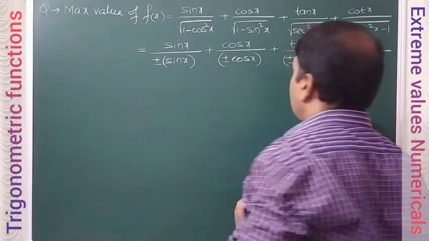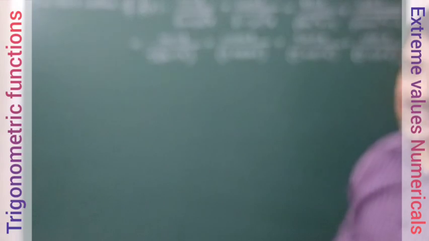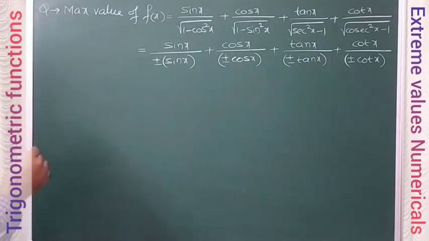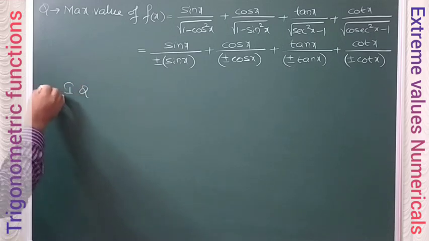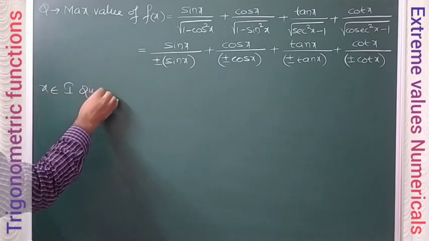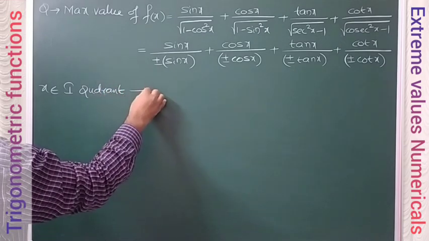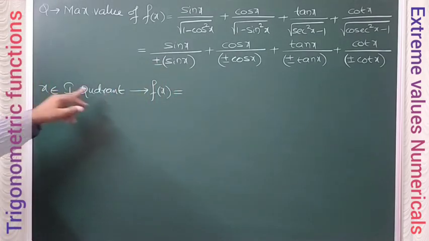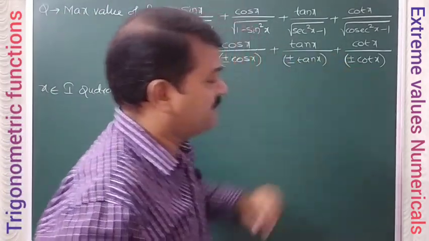Now depending on the angle x here, we will get plus or minus signs. So in different quadrants, how the value of f of x will be, let us see. So when x belongs to first quadrant, all these trigonometric functions are positive.